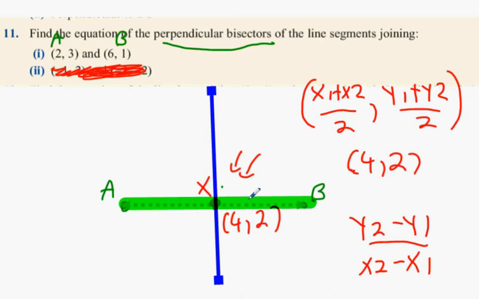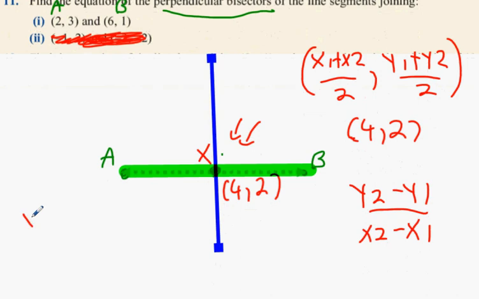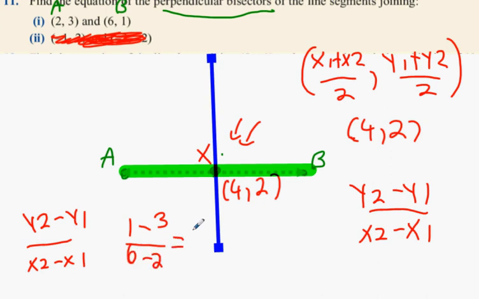Why don't I get the slope of the green line and then do what with the green line? Switch it upside down and change the signs. And what will that do for me? It will give me the perpendicular slope. Let's quickly do that. y2 take away y1 all over x2 minus x1. It's essentially going to be 1 take away 3 and then 6 take away 2. It's a slope of minus 2 over 4, which is minus a half. It's a minus a half for the green line.